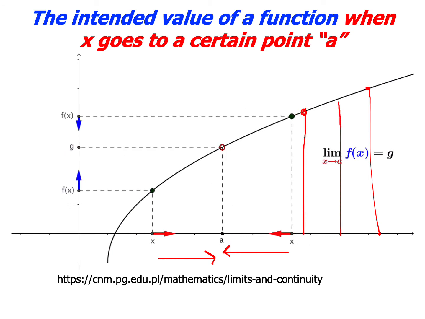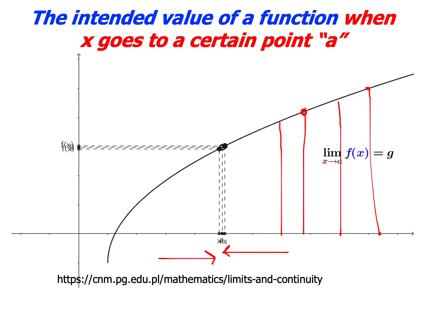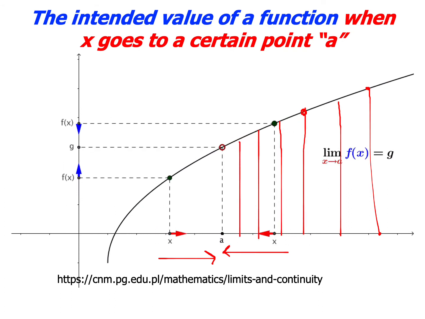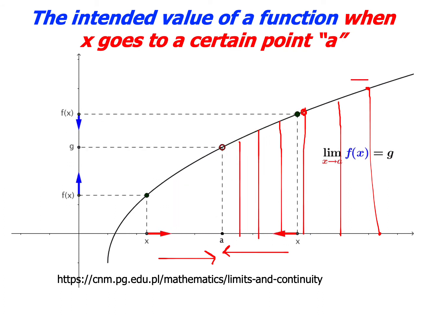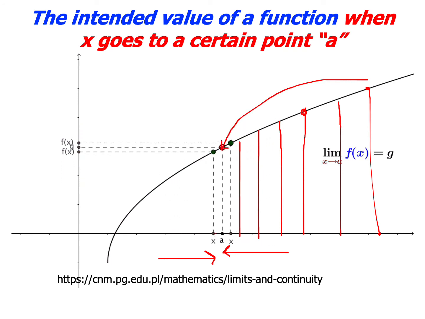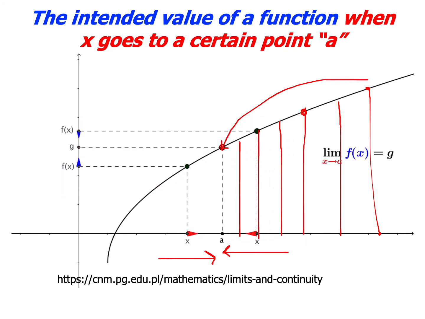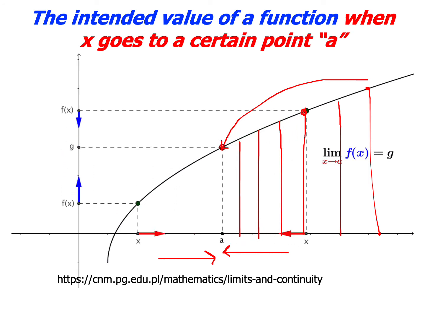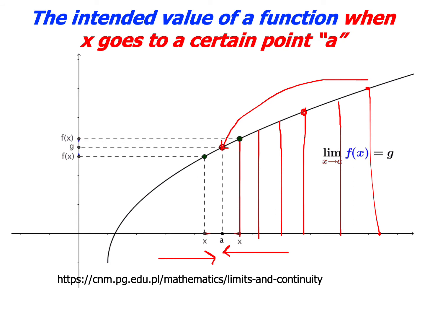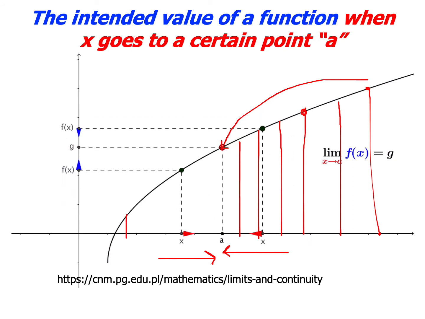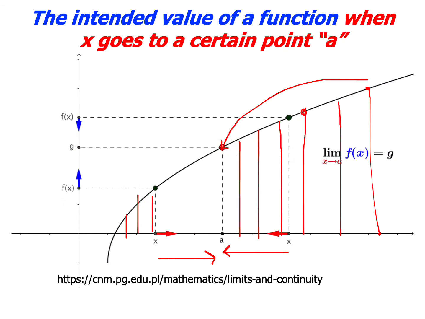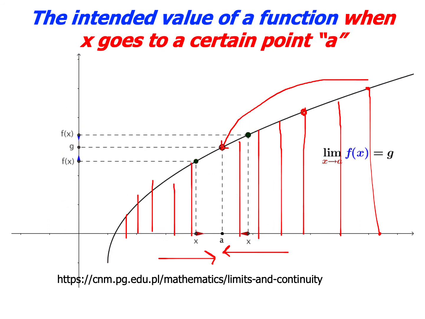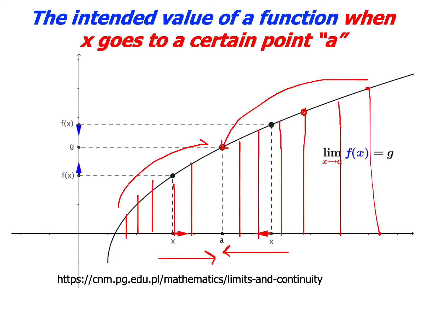So these heights are changing, and then they are approaching this height, which is g. So the limit, or the intended heights, are moving towards g from the right. Also from the left, as we can see, the heights are increasing, and at the end, before they reach a, they are moving towards g.